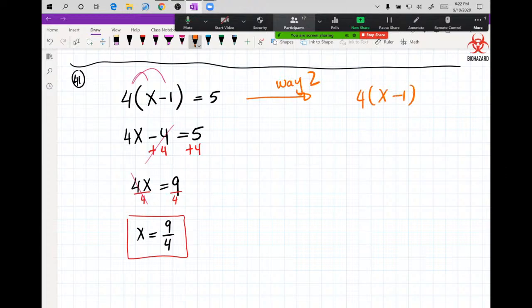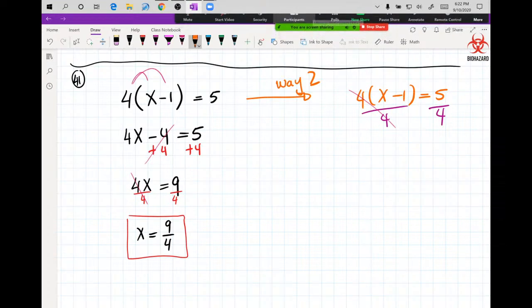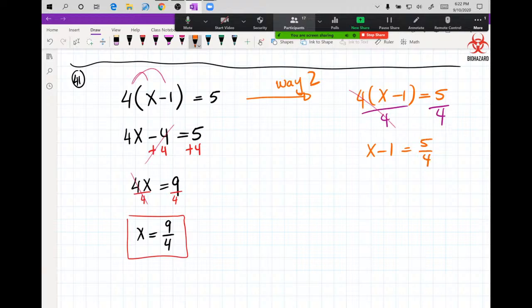Since this 4 multiplies the entire left side, I can just divide both sides by 4 immediately, and that will kill off the 4 on the left, and there will be no distribution. And you get your 5 quarters on the right.